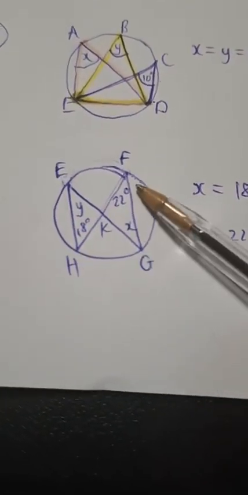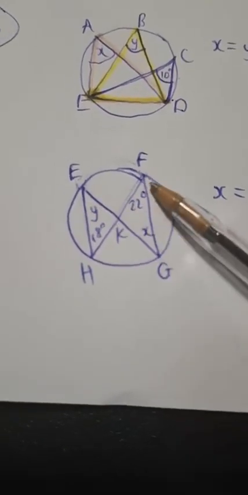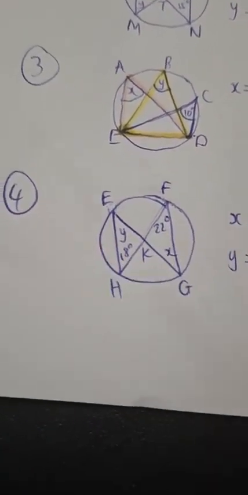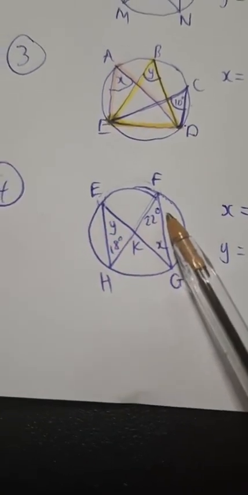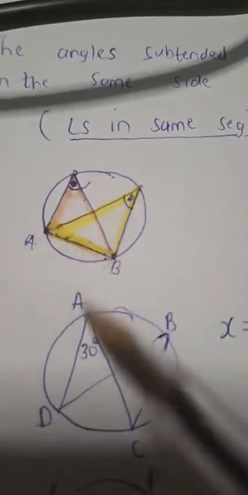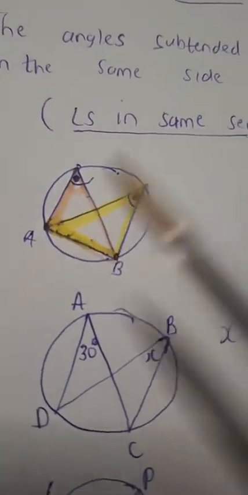So we refer to these two angles as angles that are equal. Why? Because they are angles that are located in the same segment. Okay, so we say Y is equal to 22 degrees, for instance, angles in the same seg, because that is the reason that we utilize whenever we find angles subtended by the same chord or the same arc that are lying in the same segment.